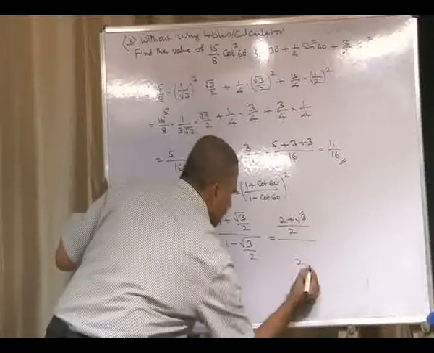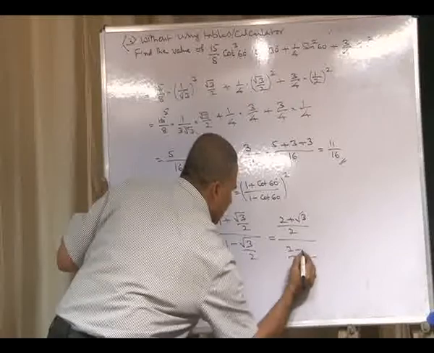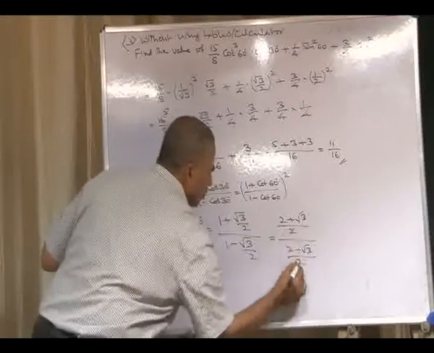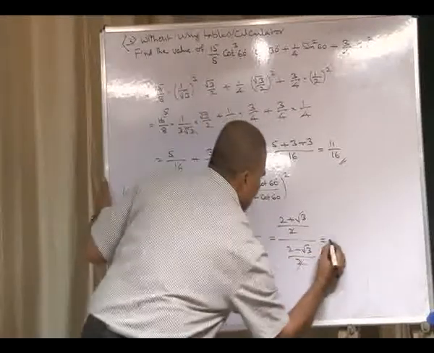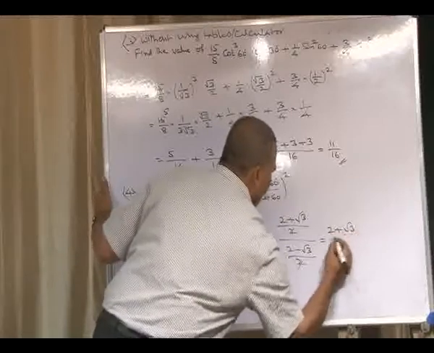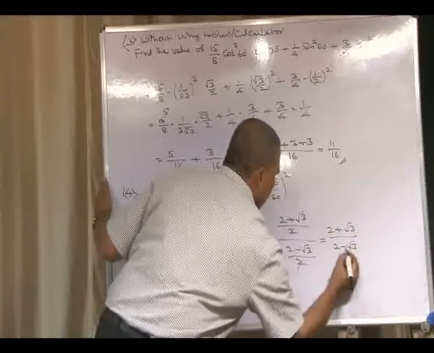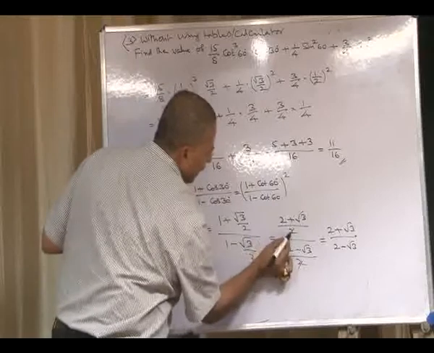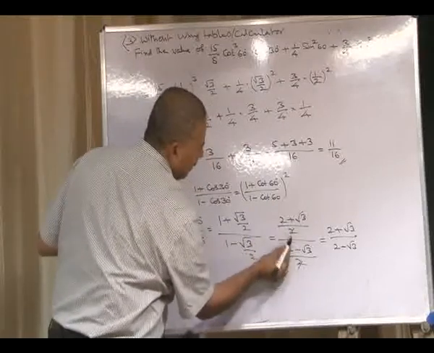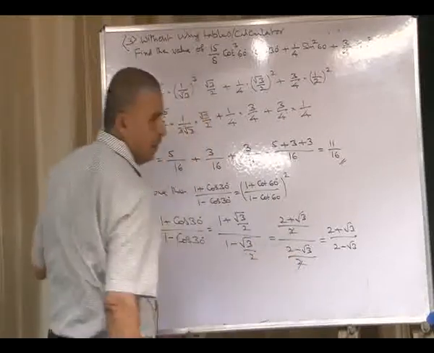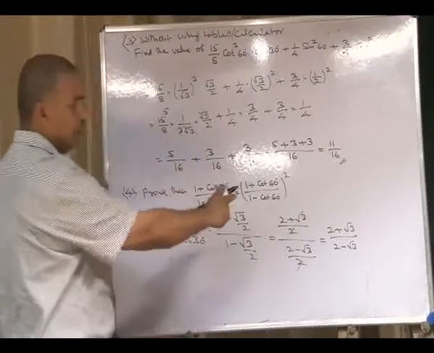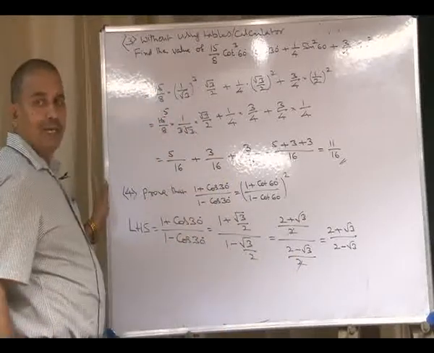In the denominator also 2 is LCM, that is 2 minus root 3. This 2 cancels, that is equal to 2 plus root 3 by 2 minus root 3. Here the numerator and the denominator both are the same, so cancel it. The LHS is 2 plus root 3 by 2 minus root 3.